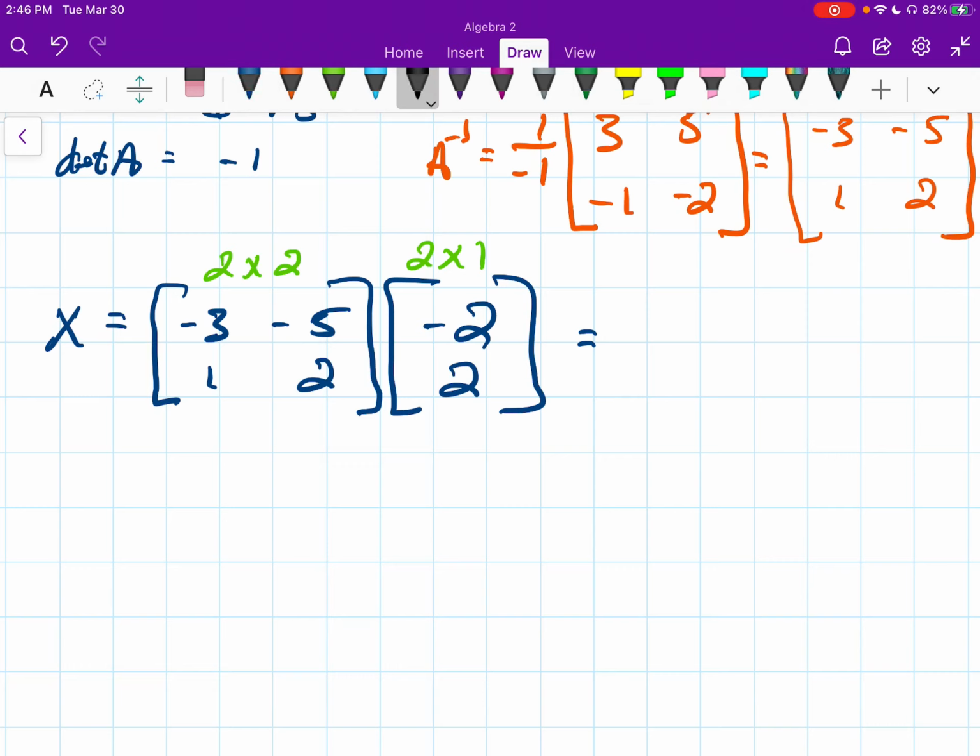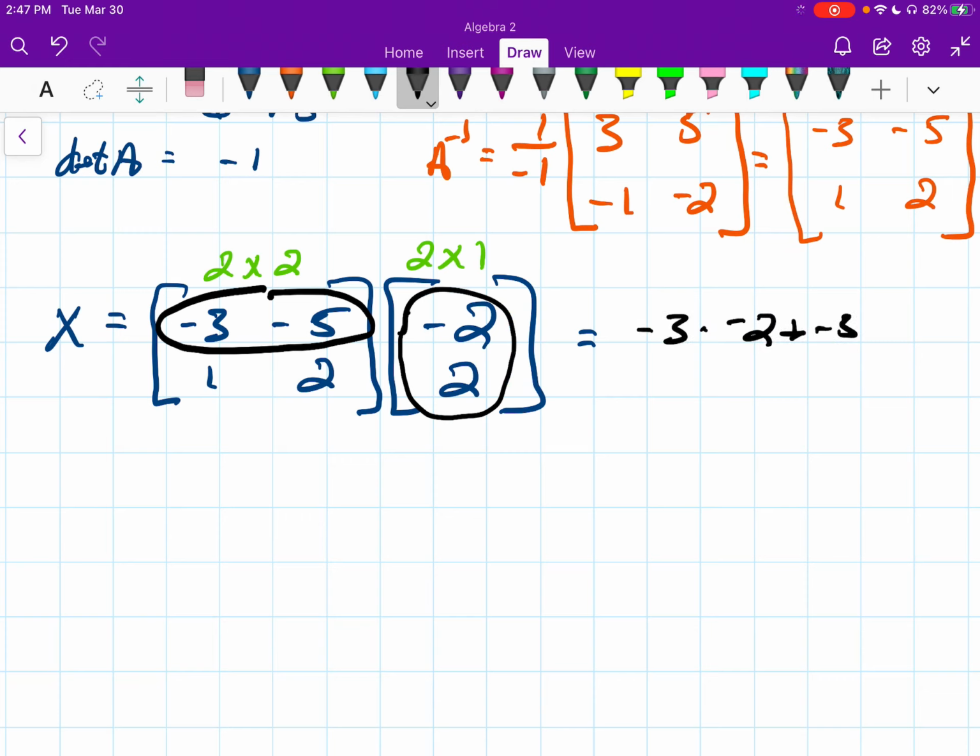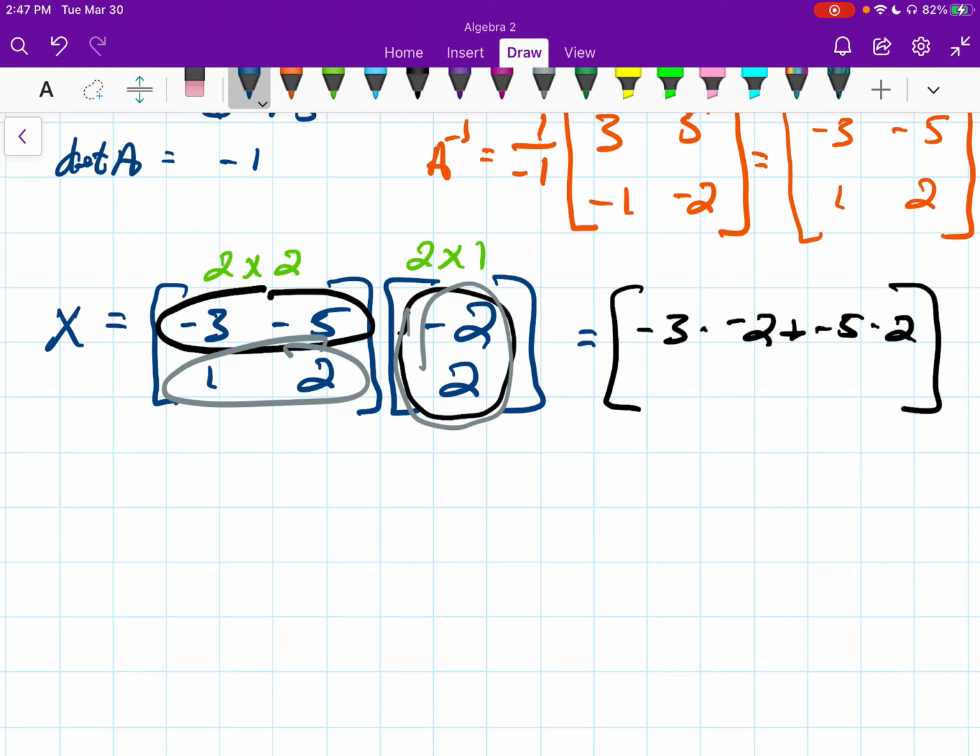So we'll do across the row, down the column. So that gives me -3 times -2 plus -5 times 2. And secondly, for our next row, same column, that gives me 1 times -2 plus 2 times 2.